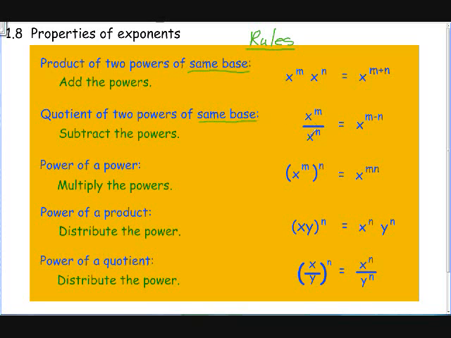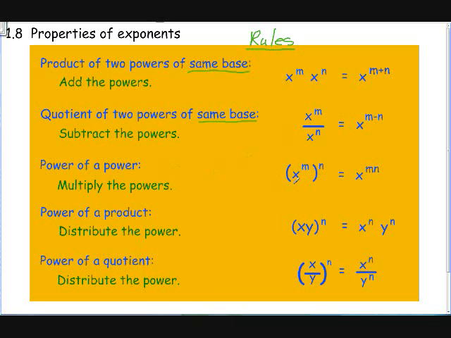If we have a divisor and a dividend, two parts of a quotient, the numerator and the denominator, that have the same base, then we subtract the exponent in the denominator from the exponent in the numerator. That's the way we simplify that.